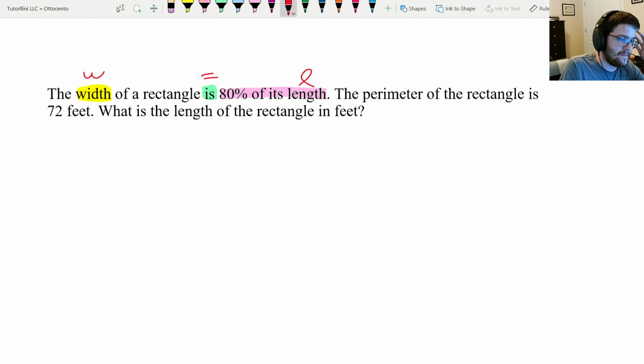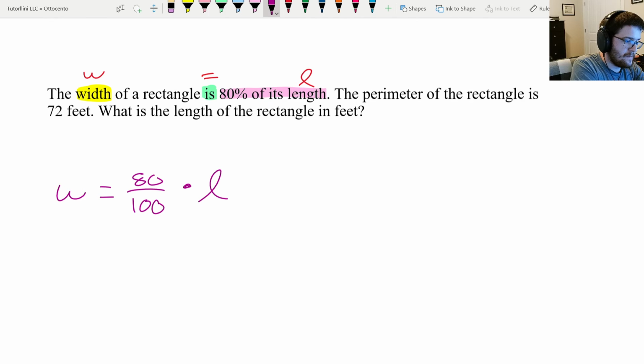Let's call the length L. So 80% of L is 80 divided by 100, change the of to multiplication, times L. So W is equal to 80 divided by 100, which is 0.8L.